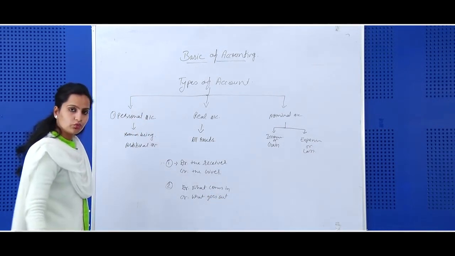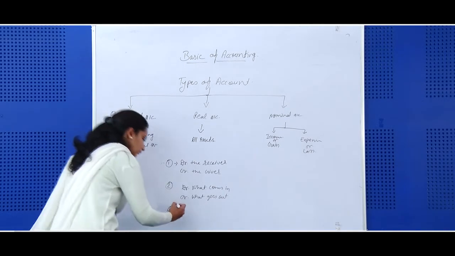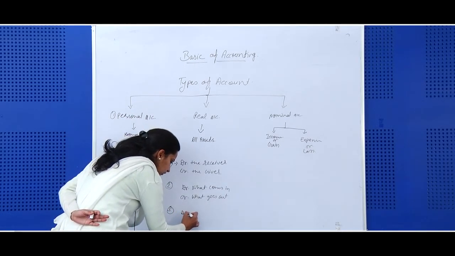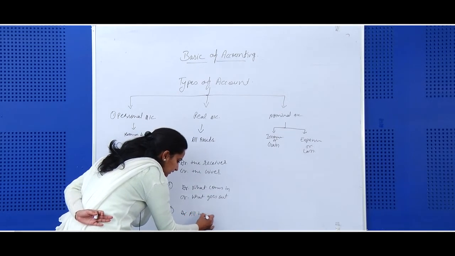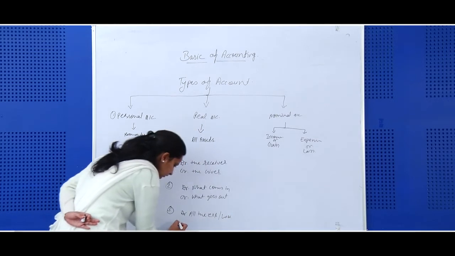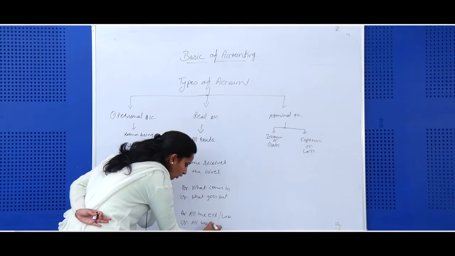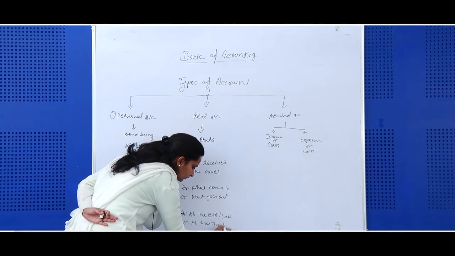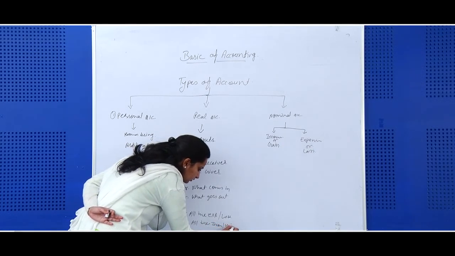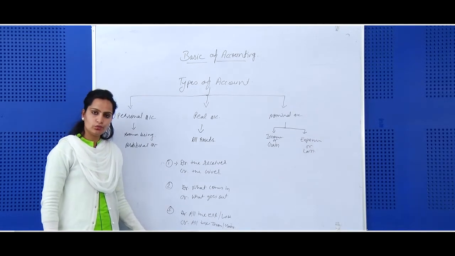Now, the rule for the nominal account is debit all the expenses and losses and credit all the income and gains. The journal book is based on these three golden rules.